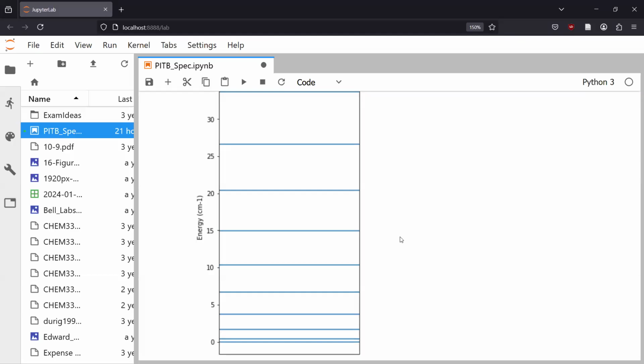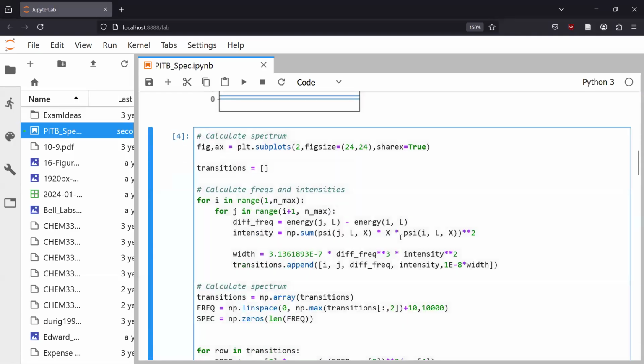And then it does the next set, 2 to 3, 2 to 4, 2 to 5, then 3 to 4, 3 to 5, and so on and so forth. I'm just going to enumerate all the possible pairs, calculate the frequencies, bring their wave functions in, and calculate the integral. And then I plot that on a spectrum: intensity, which is the integral, on the y-axis, versus the frequency of the line on the x-axis. It's just a spectrum.